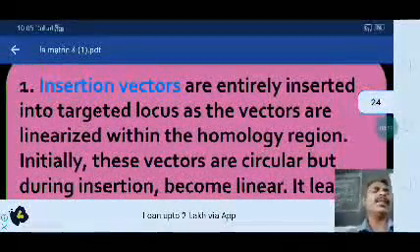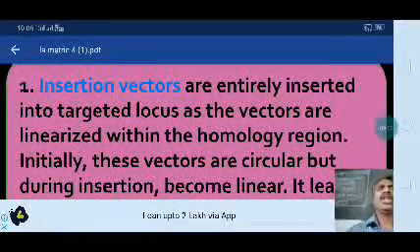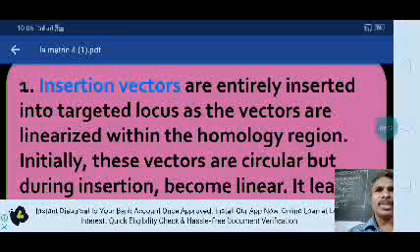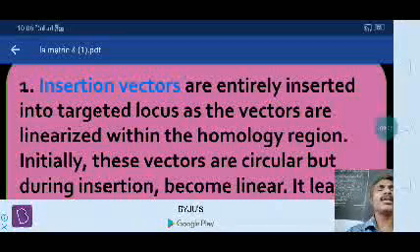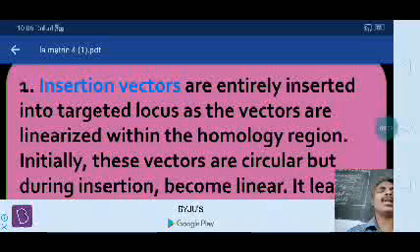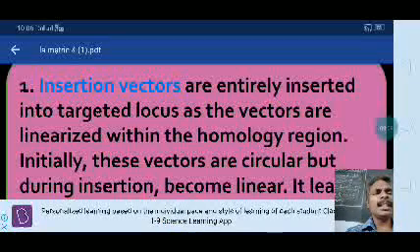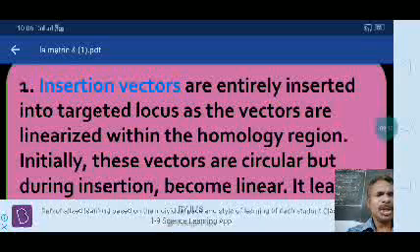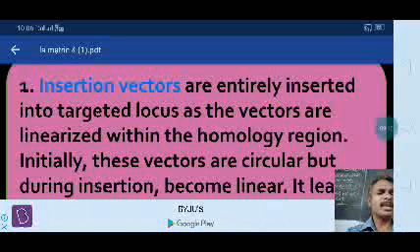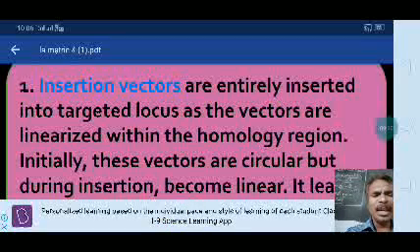Okay, first, insertion vectors. What do we mean by insertion vectors? You can insert any DNA into another host cell, and that vector is called an insertion vector. The vector is nothing but a plasmid. Insertion vectors are entirely inserted into the targeted locus. Locus means a place. The vectors are linearized within the homology region.